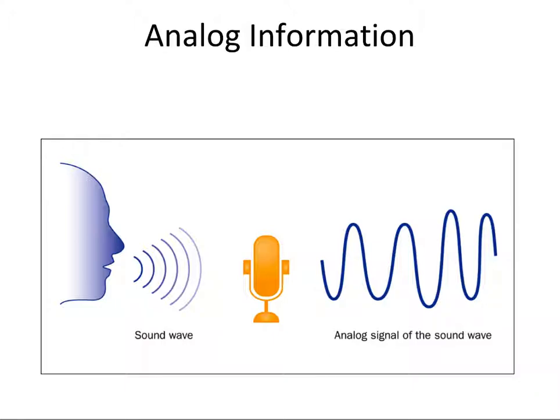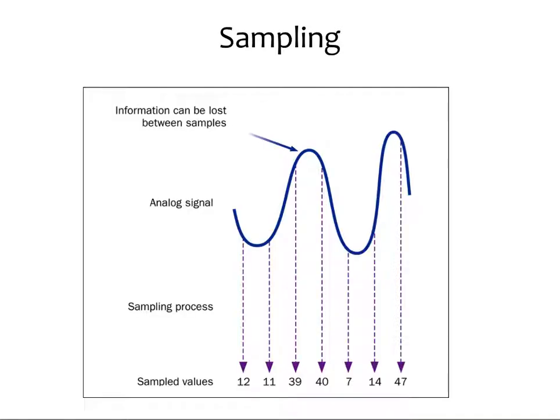Analog information, such as sound waves, is also communicated digitally as well. And how we convert that to numbers is by a process called sampling. So an analog wave, a sound wave, is continuous and really it's infinite. You can keep zooming in and looking at it from a finer and finer granularity.